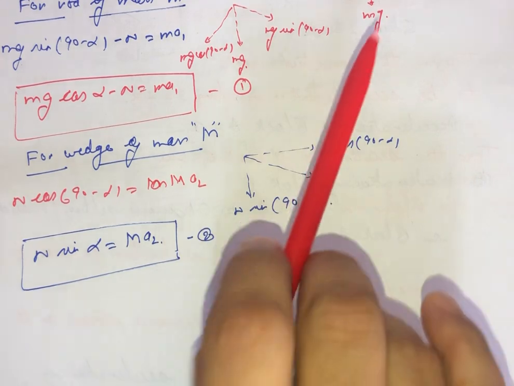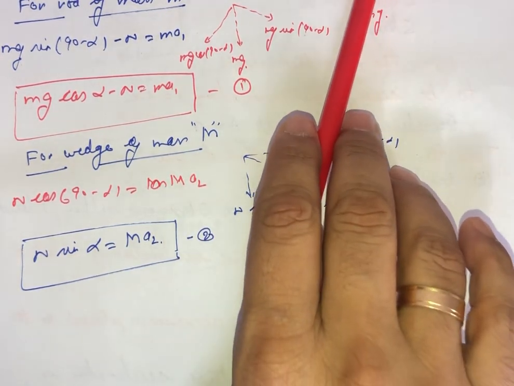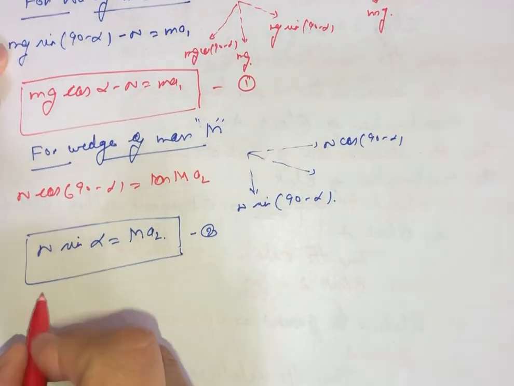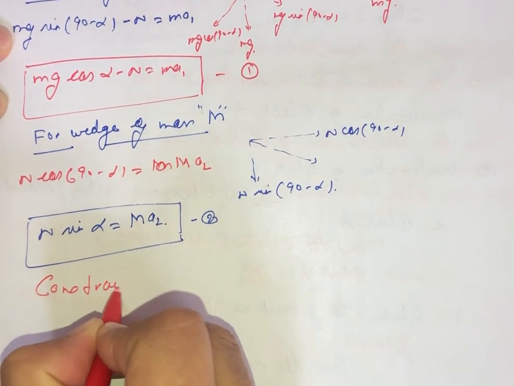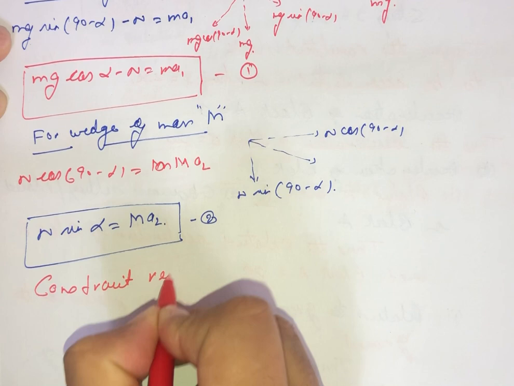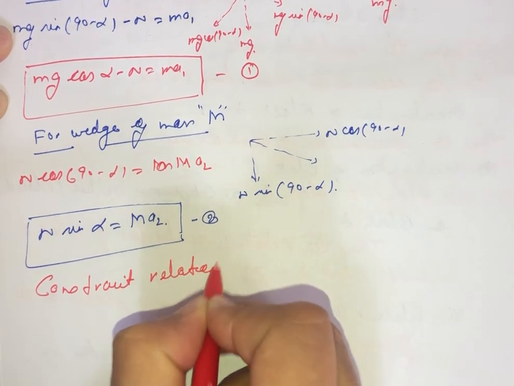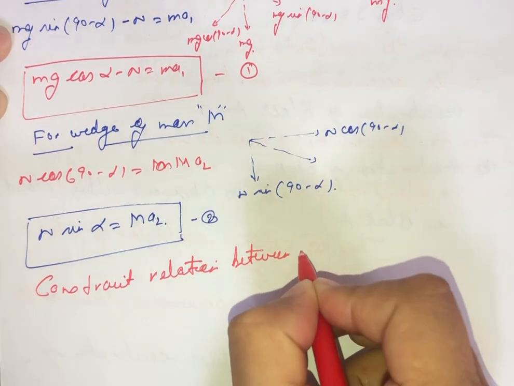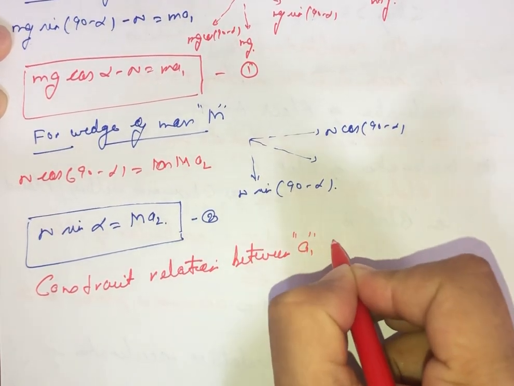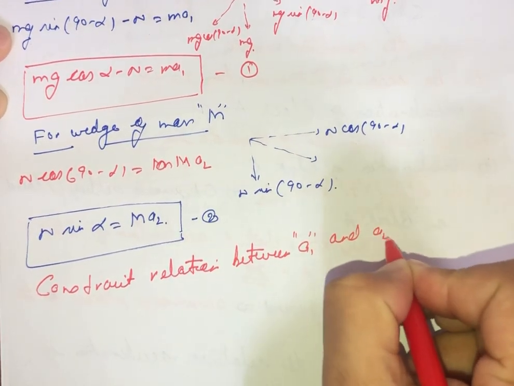Now we are going to find out the constraint relationship between A1 and A2. Constraint relation between acceleration A1 and A2.